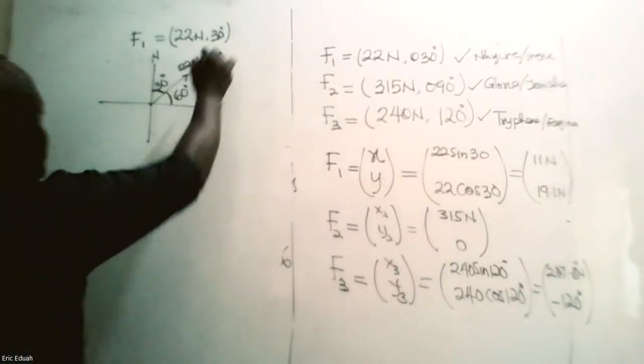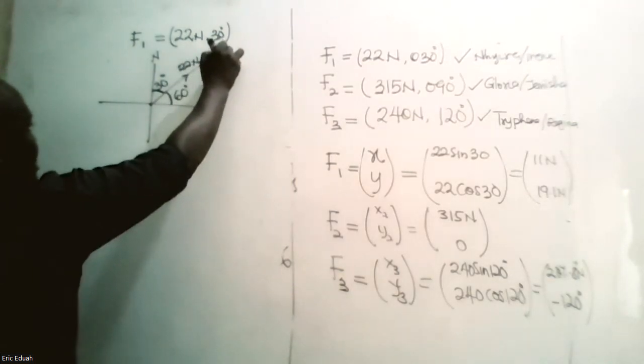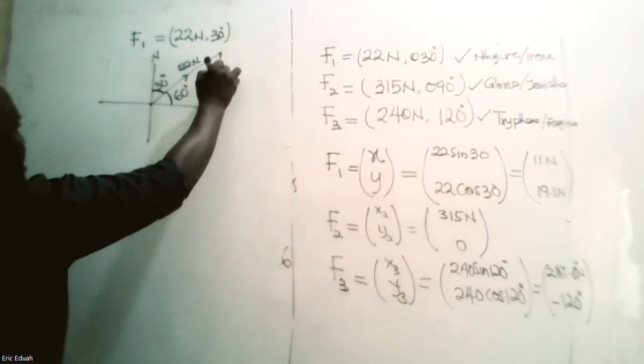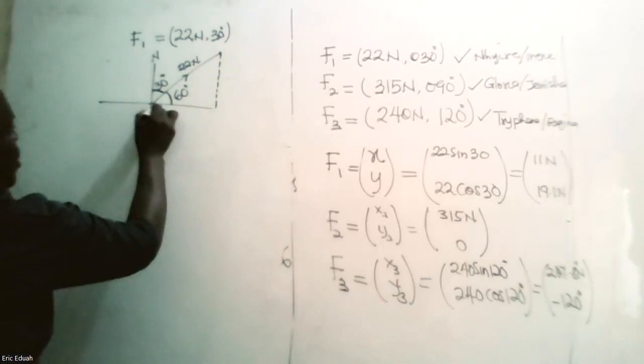If I'm using 60, the vertical will be this. The vertical is always perpendicular to the horizontal.